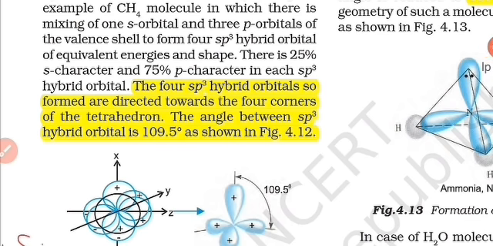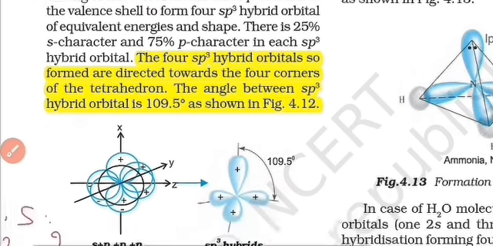Let us understand sp3 hybridization. sp3 hybridization means one s orbital combined with all the three p orbitals gives four hybrid orbitals.